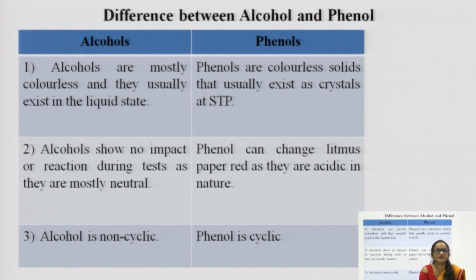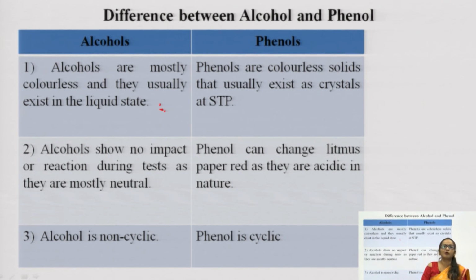The first difference is that alcohols are mostly colorless, but they usually exist in the liquid state. You have seen in your lab and in common life that methanol and ethanol are always stored in a bottle in liquid form, meaning alcohol at room temperature or normal condition exists in the liquid state.